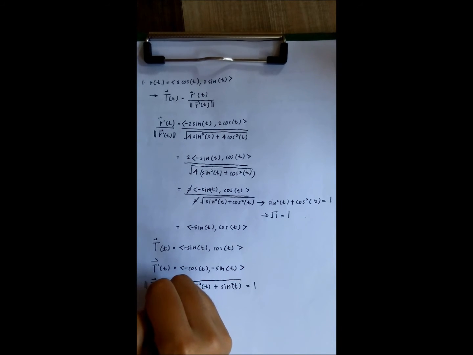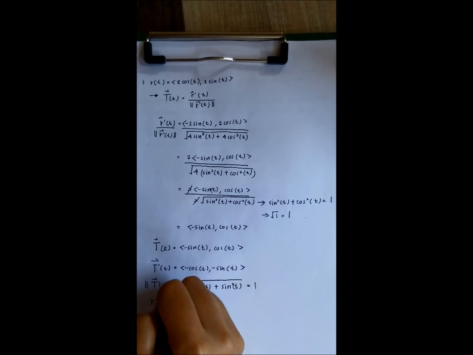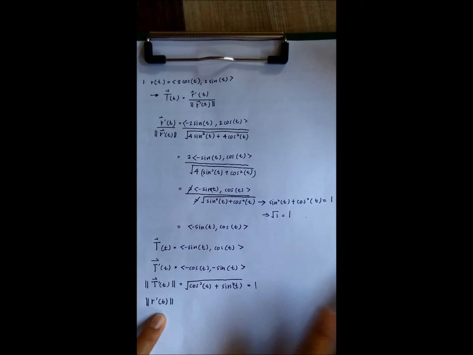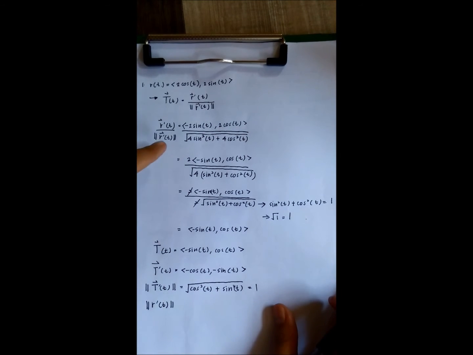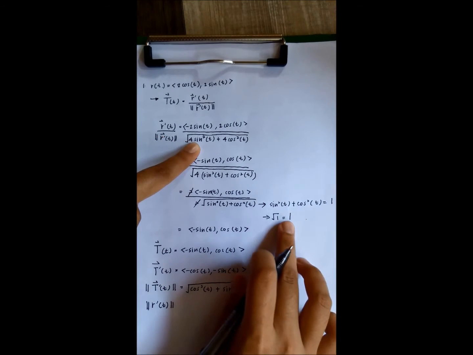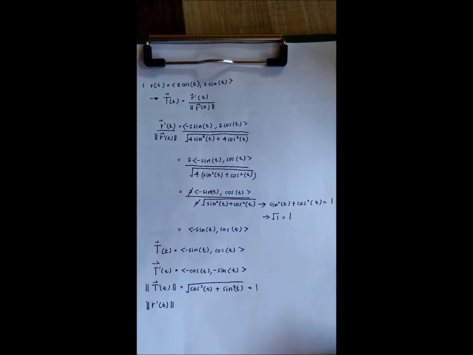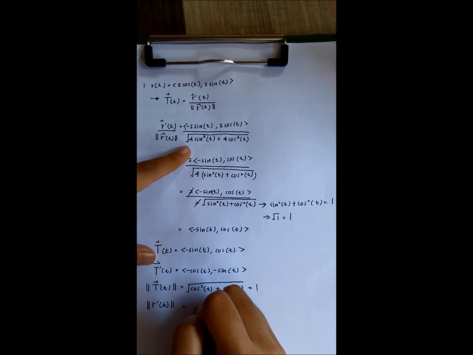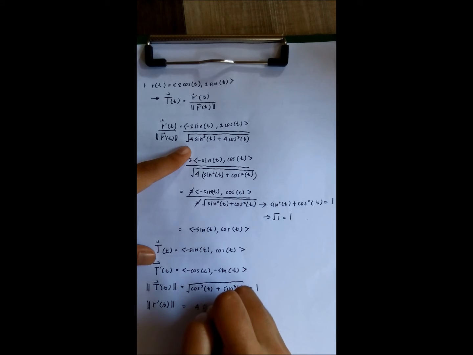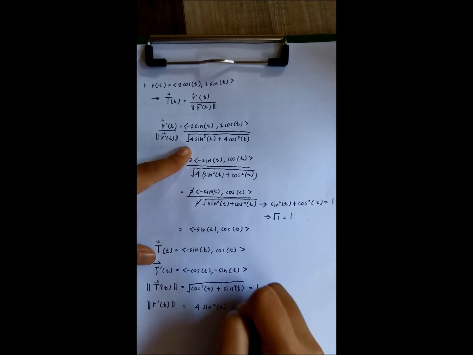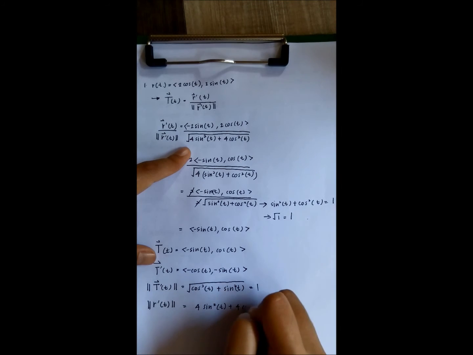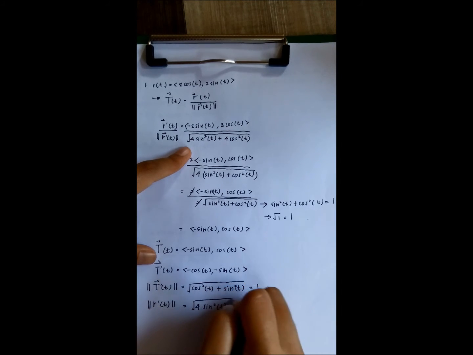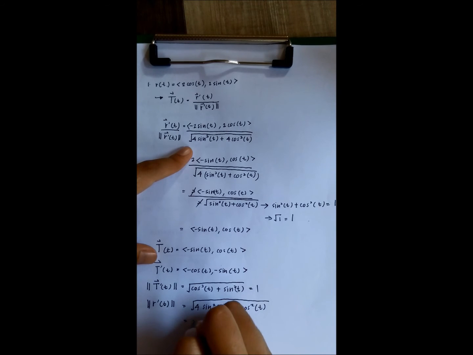As for the magnitude of the first derivative of r(t), as we have calculated before, we just copy it back: 4 sine square t, 4 cos square t, and we will get 2.